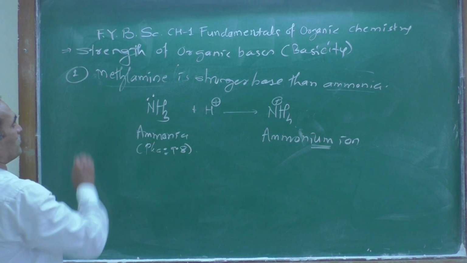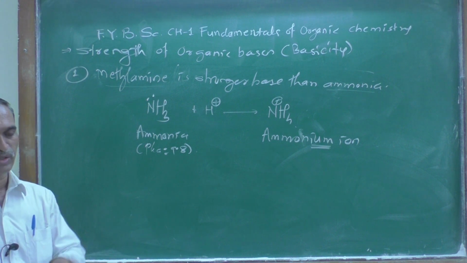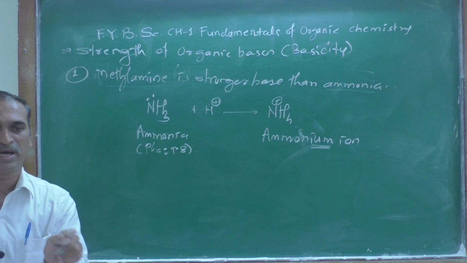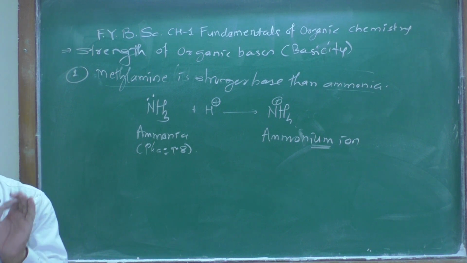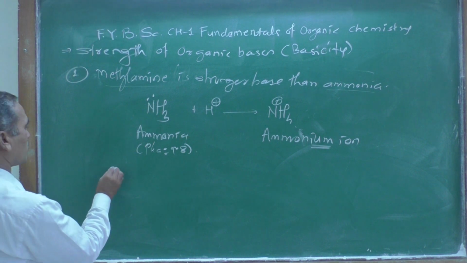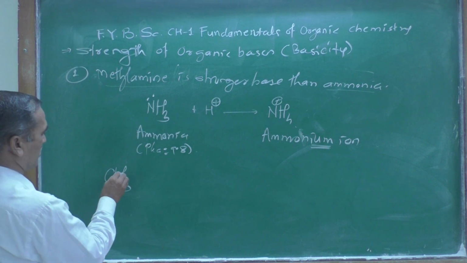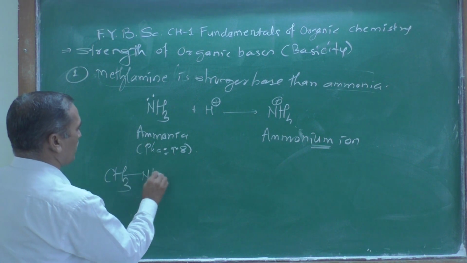Now let us see methylamine. Everybody knows the methane molecule CH4. When one of the hydrogen atoms gets replaced by an NH2 group, the resulting compound is known as methylamine. This is CH3, the methyl group, connected to the NH2 group.